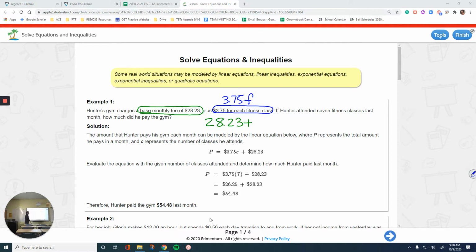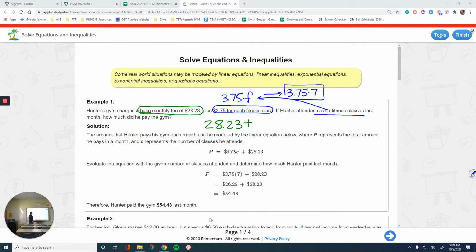If Hunter attended 7 fitness classes, so now we know how many fitness classes she has, right? So it just says that it is 7 fitness classes last month. So in 1 month, she's gonna pay this for the base fee, and then that much for each fitness class, and she has 7 of them. So that means this is going to become 3.75 times 7, whatever that is.